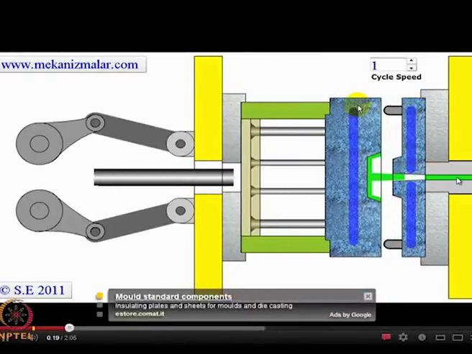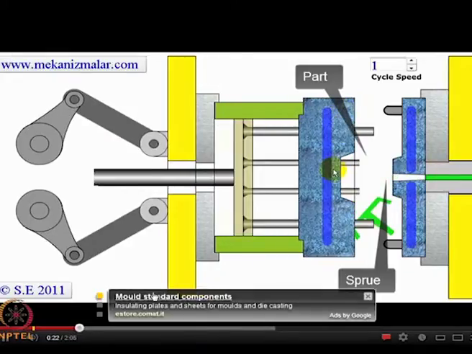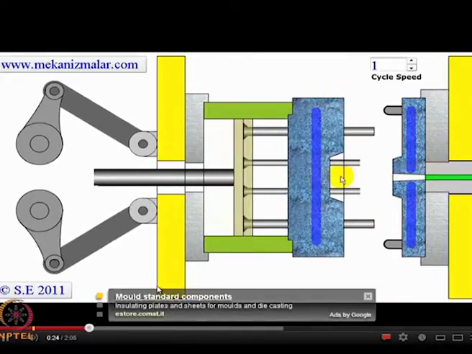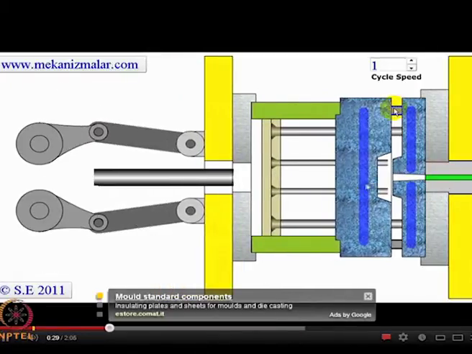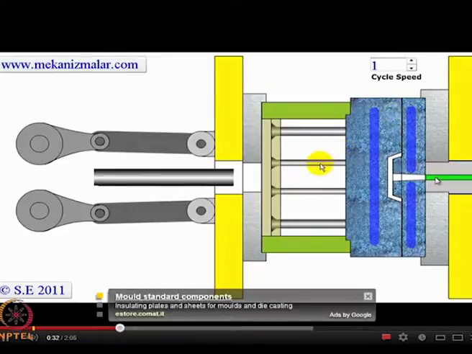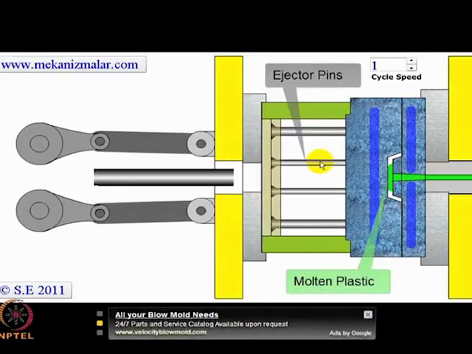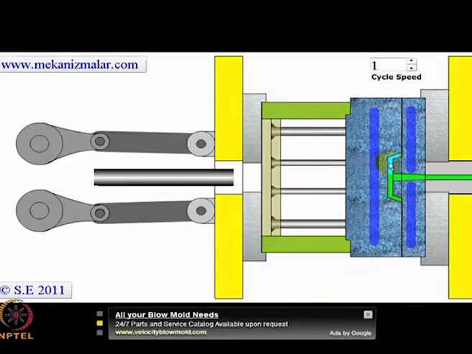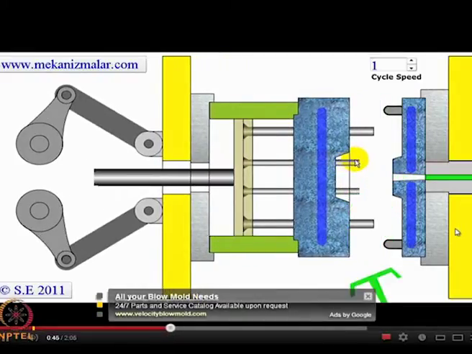So, the liquid has come, again the die moves in, it is filled by the liquid from the injection molding machine, it goes on to fill it, then the ejector pins force the die apart and the part falls off.